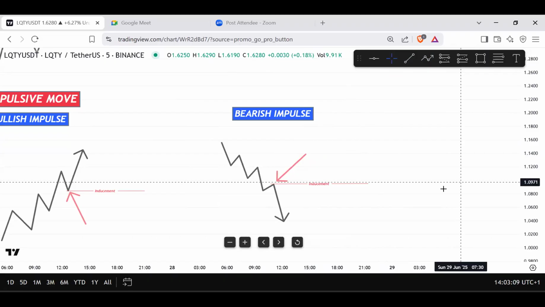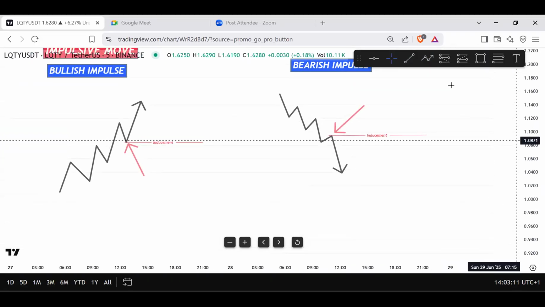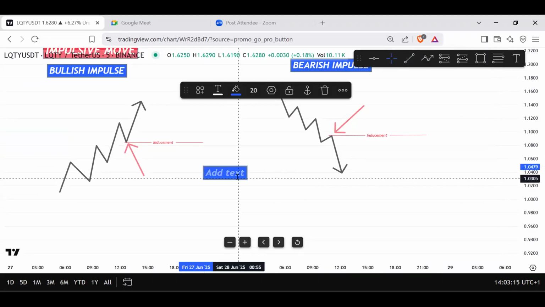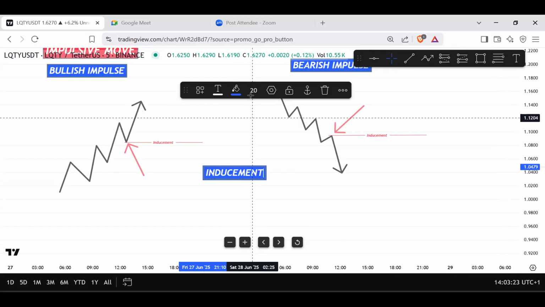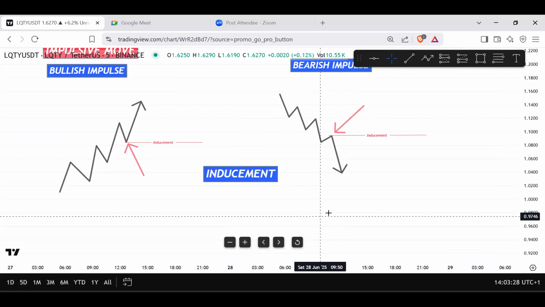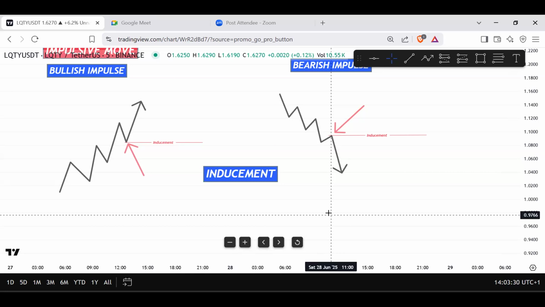That's how we identify inducement. When a trend is going either in a bullish or bearish scenario, the last valid pullback will be considered as inducement.